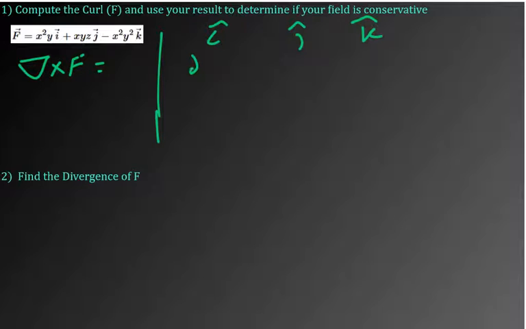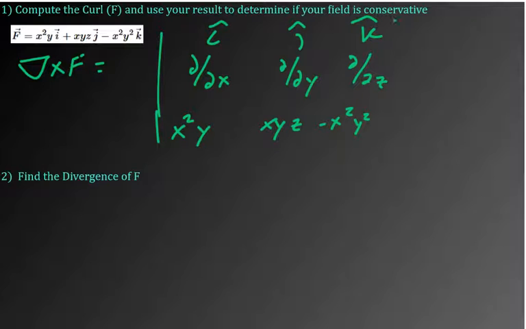It's a little weird, but the vector that goes in the middle row is the del operator, which is just a vector of the partial derivatives. So we have partial with respect to x, y, z, and then we put in F, the vector field here: x squared y, xyz, minus x squared y squared.